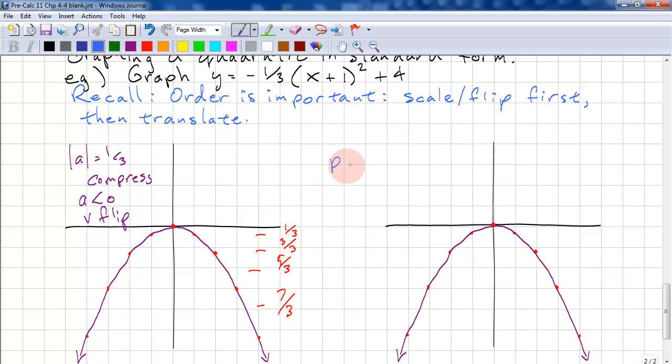Now on this graph, we're going to do p equals negative 1, that's left, and q equals 4, so that's up. So we want to take the points left 1 and 4 up. Take this point left 1 and 4 up. It's symmetrical, so we just copy that over. Here we have left 1 and 4 up.